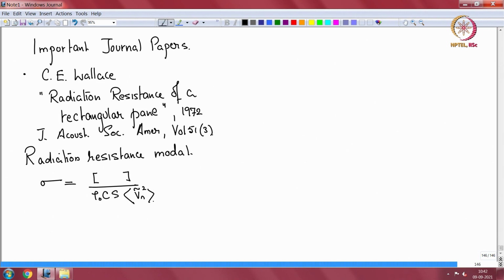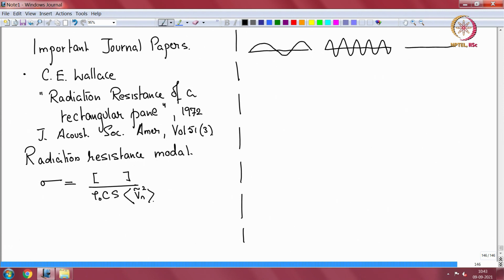Okay, so let me say a word about this once again. Let's say there are a few panels with this vibration pattern. There's a panel with this vibration pattern. There is another panel with, let's say, this vibration pattern, and there's a third panel with this vibration pattern.